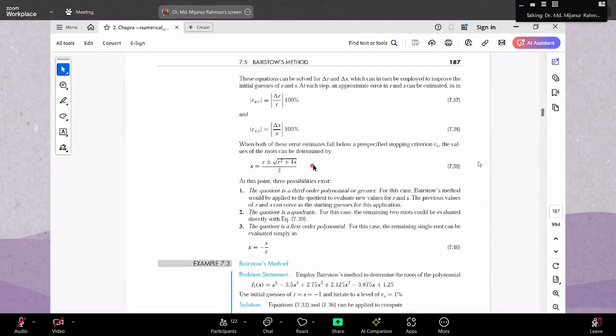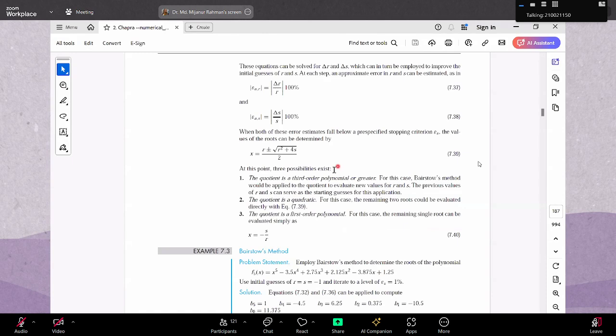We already studied x equal to r plus minus the root of r square plus 4s, divided by 2. After this, when we get x, that means equation 7.39 from the book of Chapra, at this point three possibilities exist.